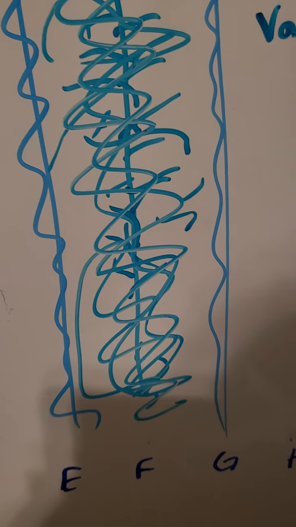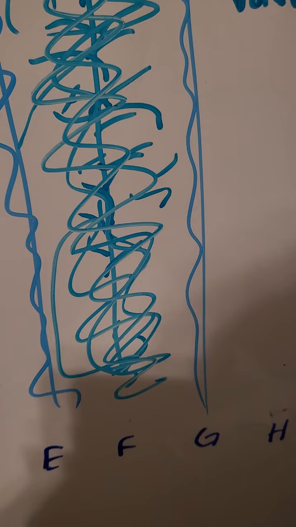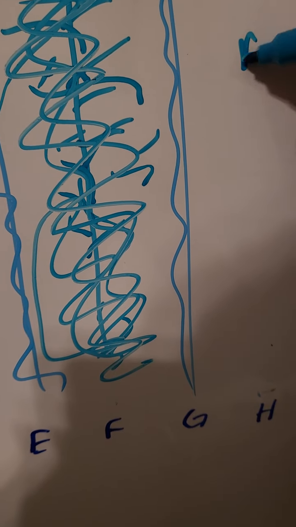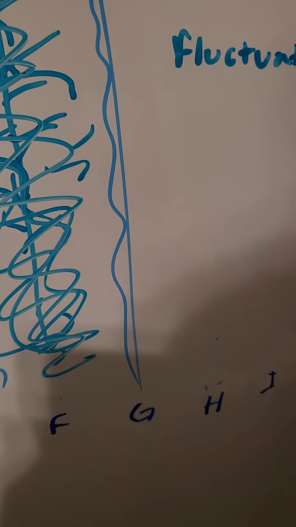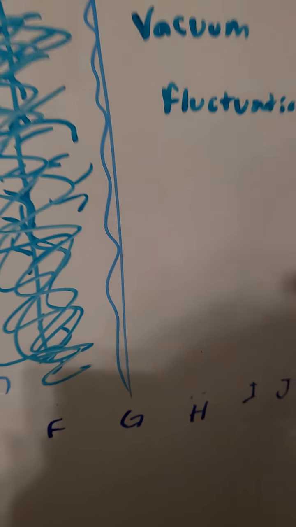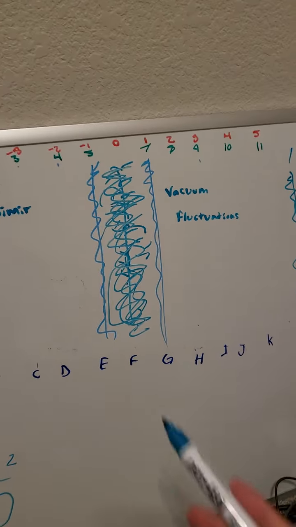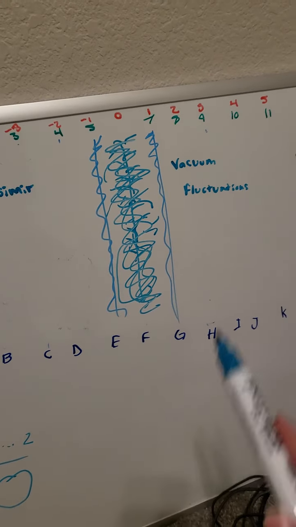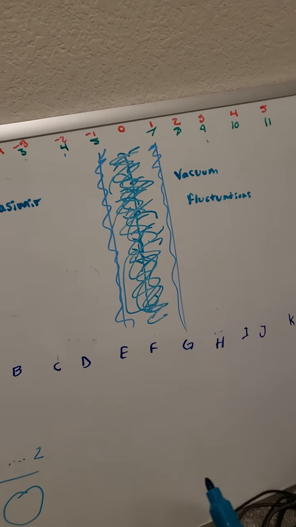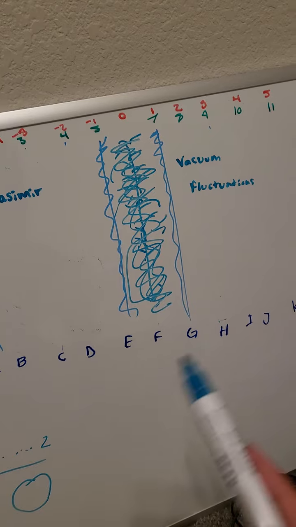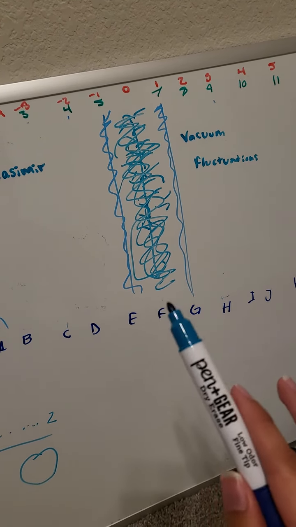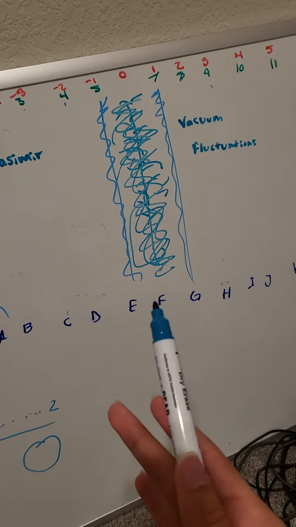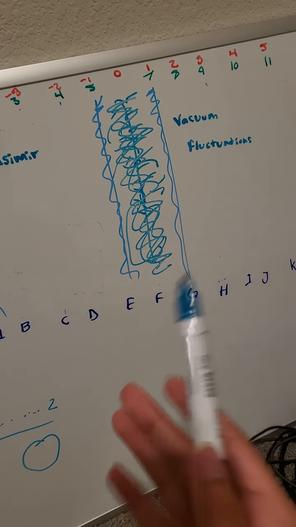Casimir. See, that was a Freudian slip right there. Vacuum fluctuations. I mean, I don't know if you guys noticed, but I don't think there can be such a thing as a complete vacuum.